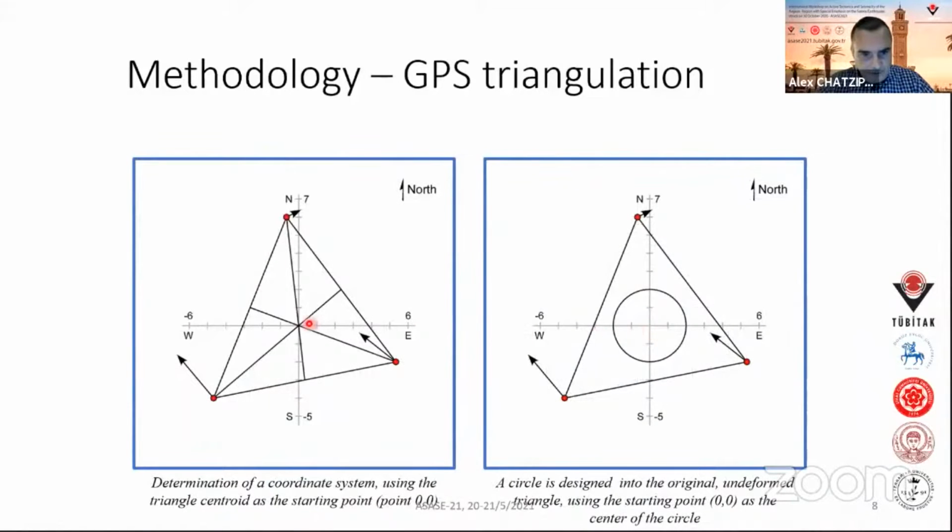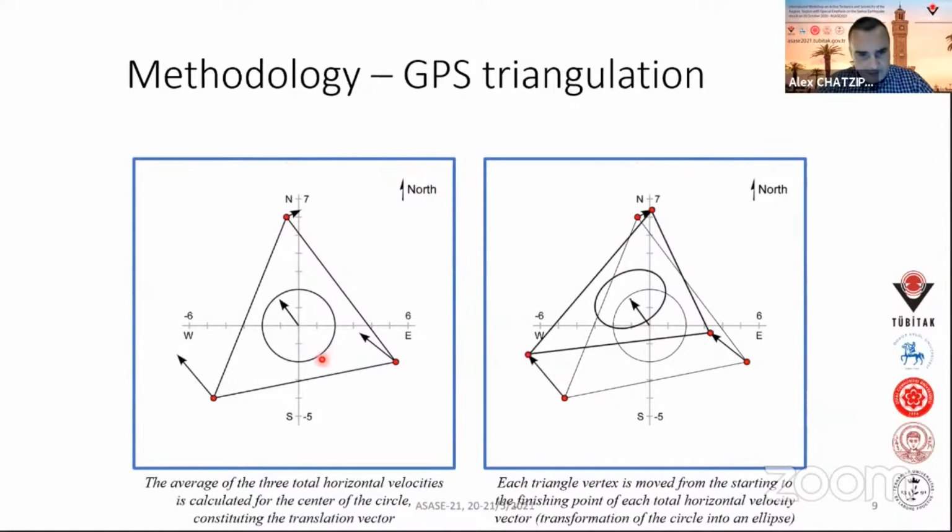So for this centroid, we draw a circle with its center at the centroid of the triangle, and then based on the component vectors, we move the center of this circle, and we move the triangle corners accordingly to the vectors. This is an automated procedure which leads to the deformation of the circle.